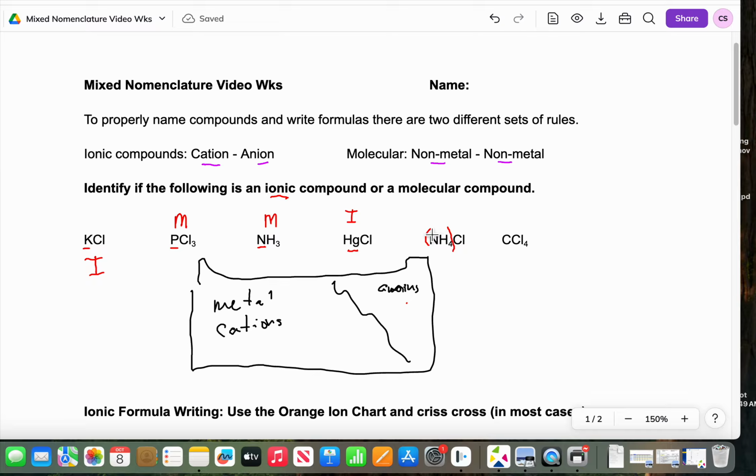You would see if you look at the ion chart that ammonium is at the very top, that makes this one ionic. But in general, if the first element is a nonmetal, it's going to be a molecular compound. If the first element is a metal, like potassium, then it's ionic.